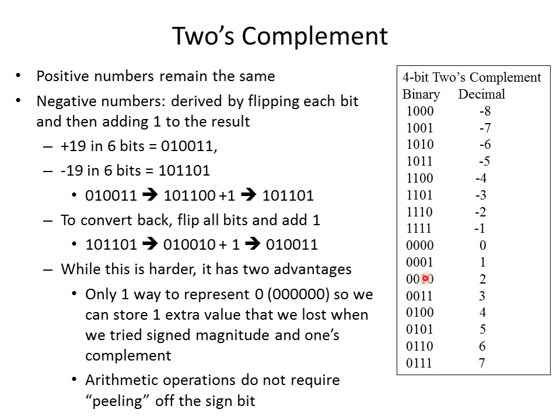In this way we can form a table. Here are the positive numbers: 0 is represented as 0, 0, 0, 0, and 1 is represented as 0, 0, 0, 1. Here the first bit is the sign bit, and we can represent from minus 8 to plus 7.